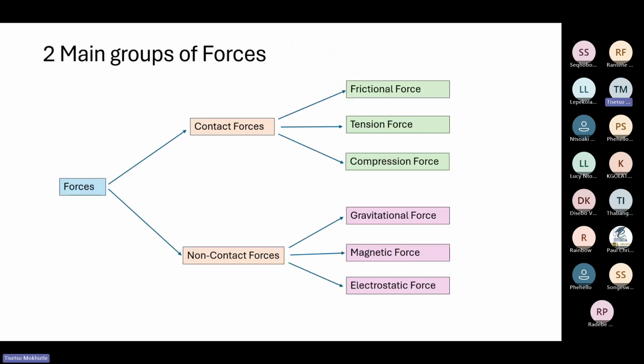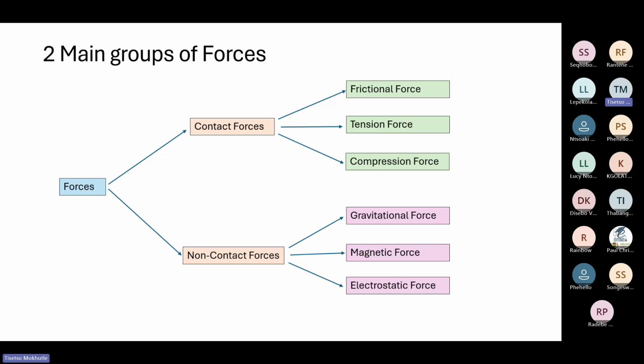Okay, there are two main groups of forces, two categories in fact. We've got what we refer to as the contact forces and also non-contact forces. Now the two categories are further subdivided in the following. Contact forces that we deal with in grade 9 are the frictional force, the tension force, the compression force.